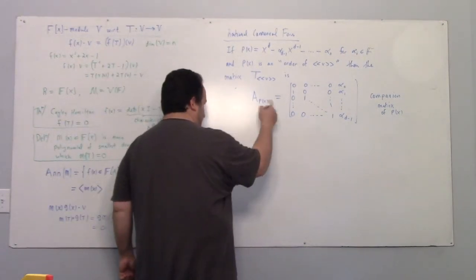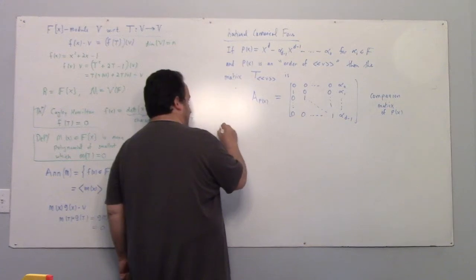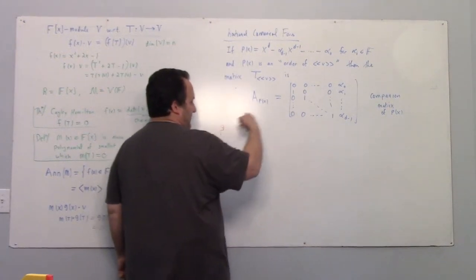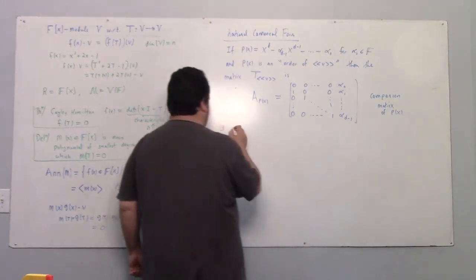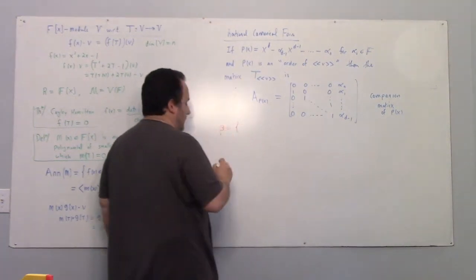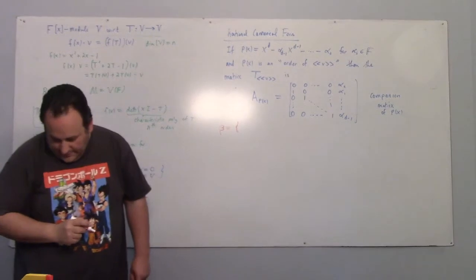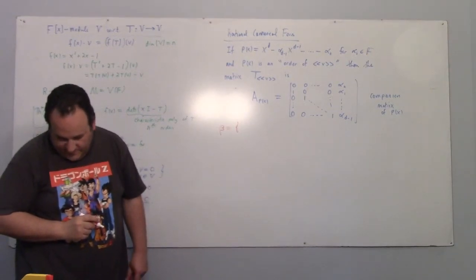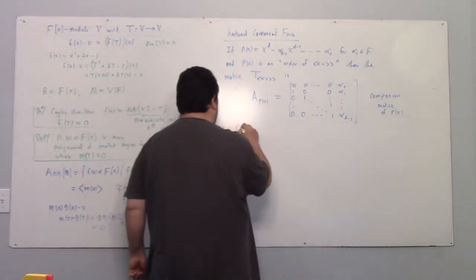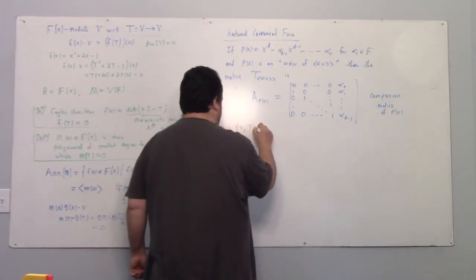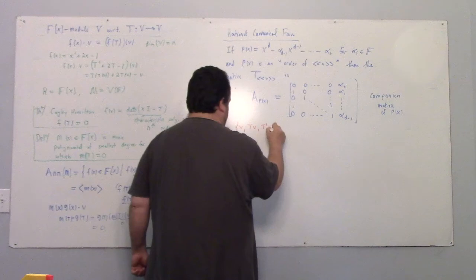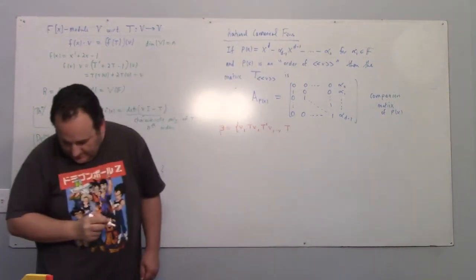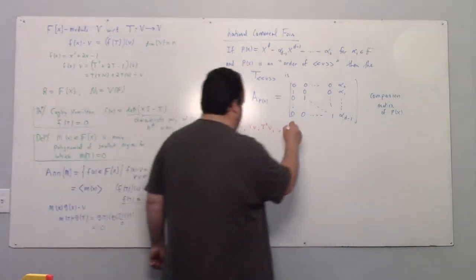Yeah, the basis with which this operator is the matrix, this matrix, is beta equal to v, Tv, T squared v, up to T^{d-1} v.